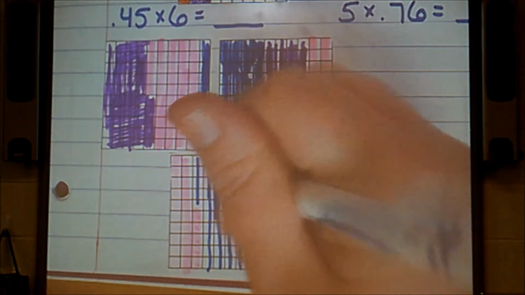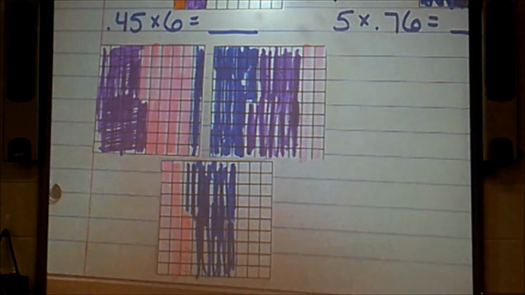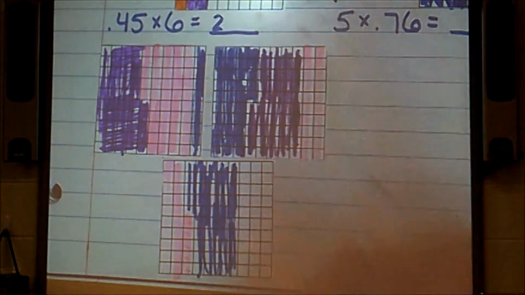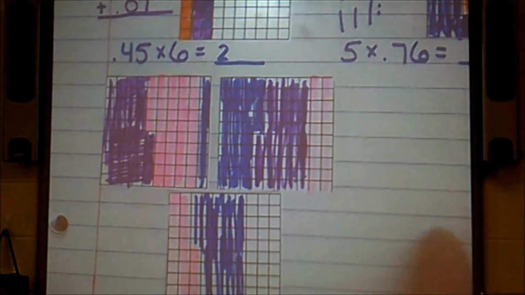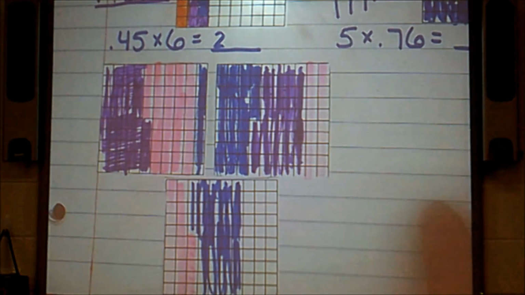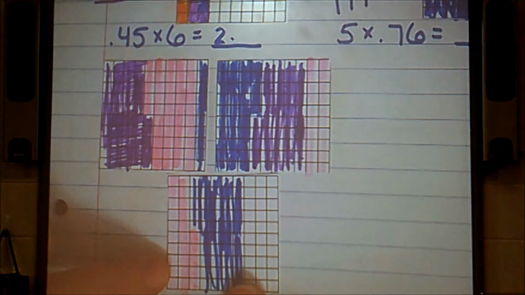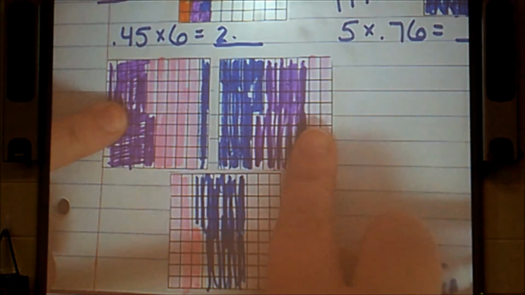I'm coloring. So I'm going to count what I have here. I have 2 whole grids completely colored in. Those are my whole numbers, so it goes in my ones place. Then a decimal, because I have one that's less, so I have an "and." I have 2.